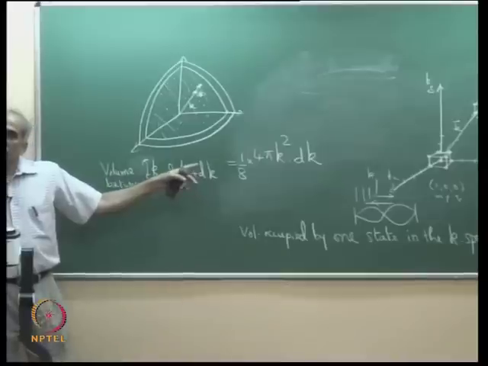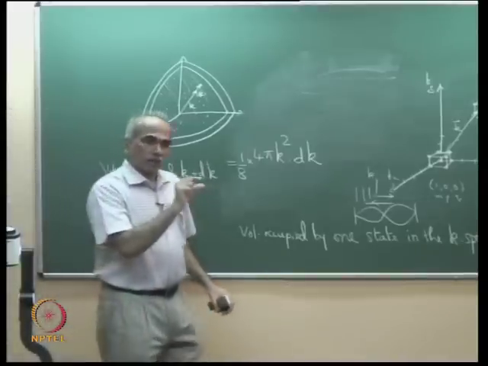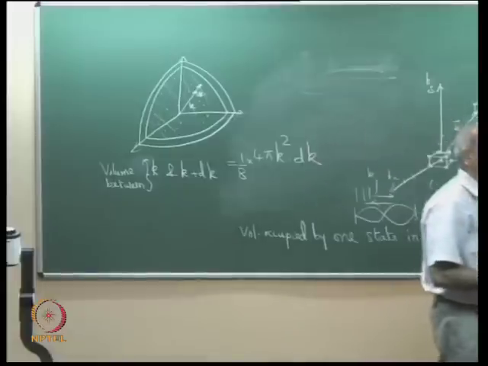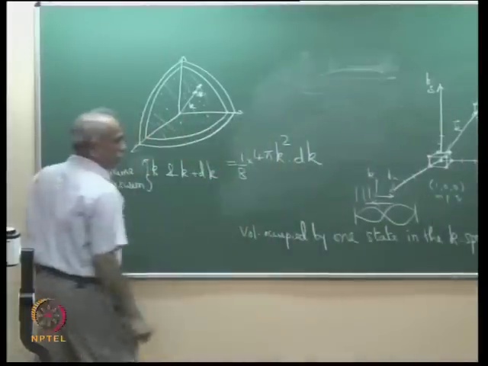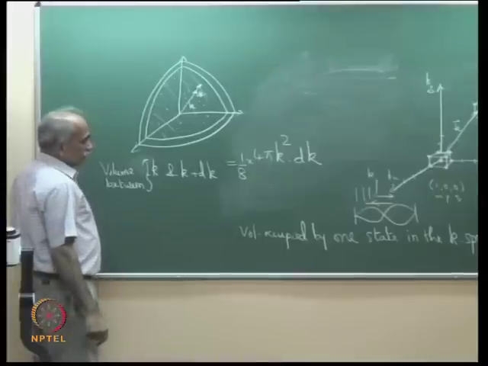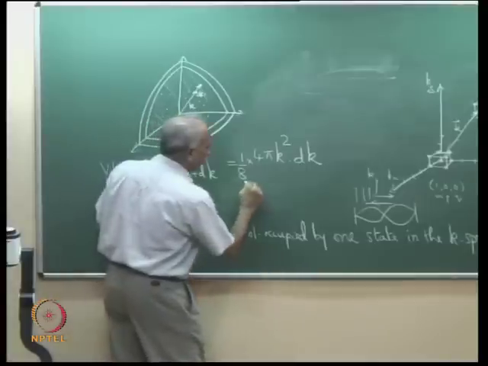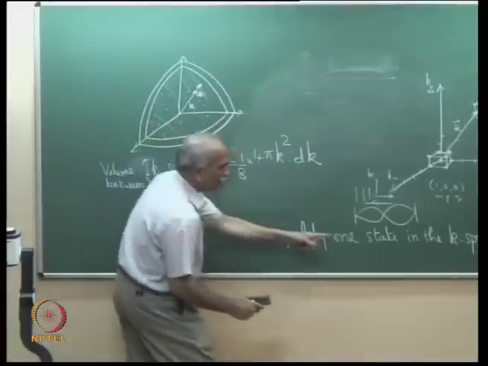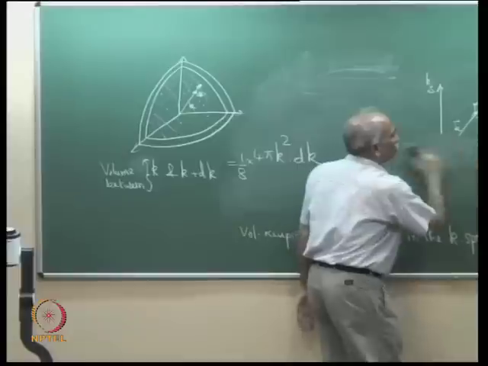The volume between K and K plus dk of the shell of the positive octant of the sphere is 1/8 of this. This volume divided by the volume occupied by one state will give me the number of states.